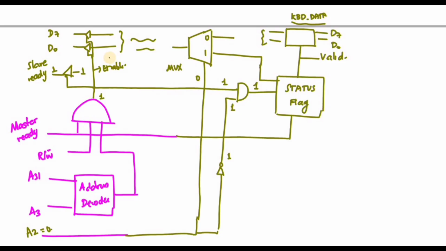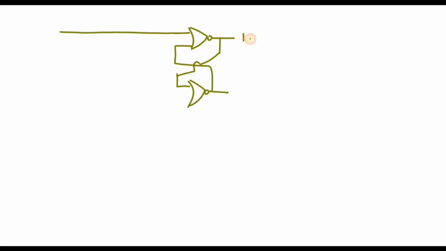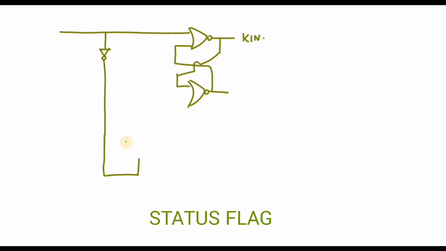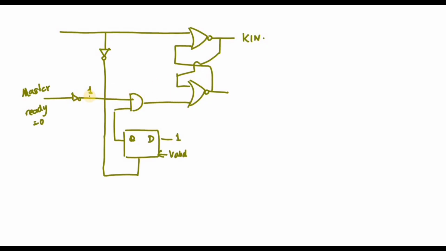So here you can see the status flag. This is the circuit for the status flag. Here I have used two NOR gates, which are nothing but R and S. In order to write the data, the data pin is 1 and the master ready pin is 0, so you get the output as 1.